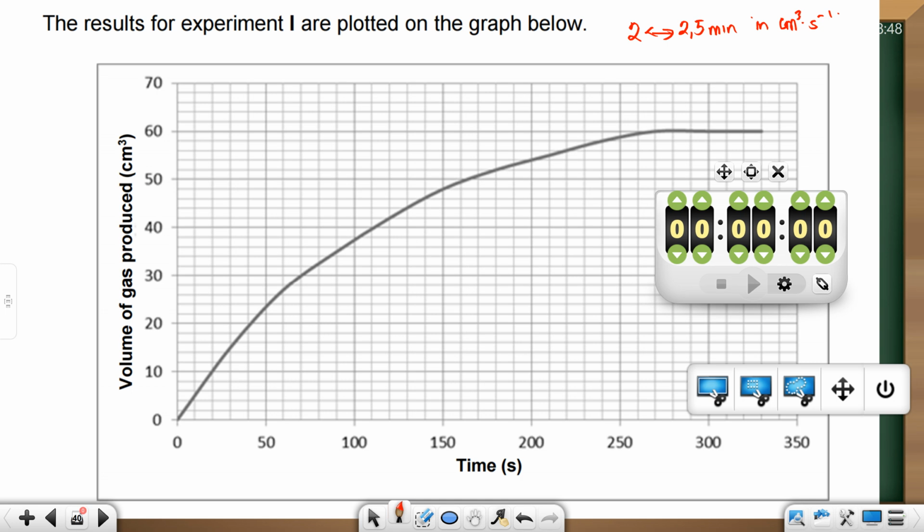Let me move this because I don't know if it's blocking any value. 2 minutes, 30 seconds. Don't guess. You have a calculator there.